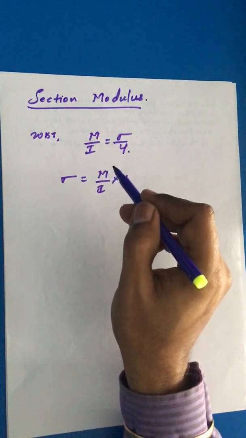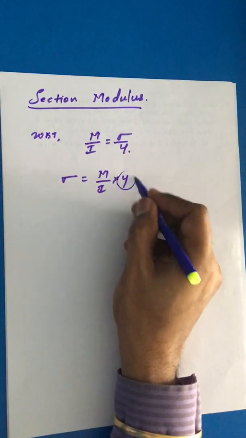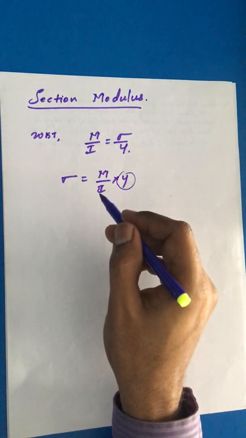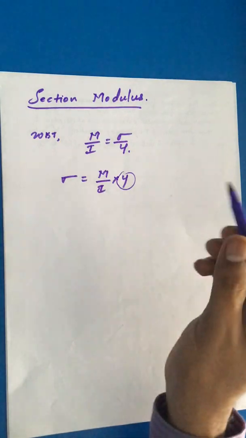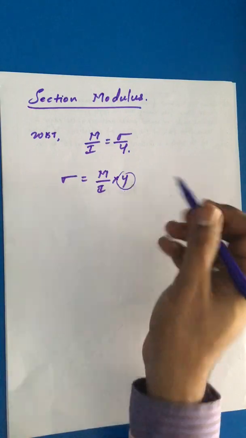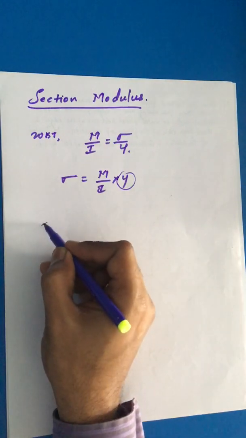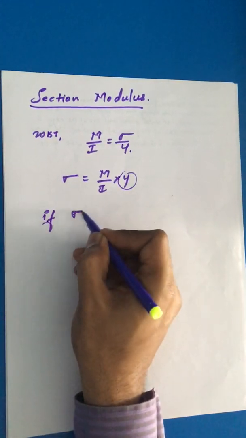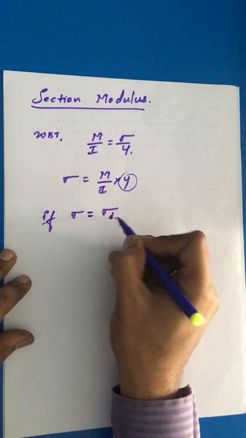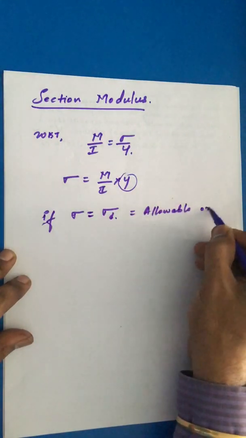Now this shows that for a given cross section the bending stress will be maximum where this y is maximum, and if y is minimum, sigma will be minimum. Okay. So this is one of the very important things, and based on this, let us say sigma d is the maximum stress, or allowable or permissible stress.